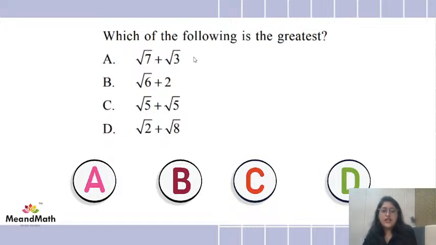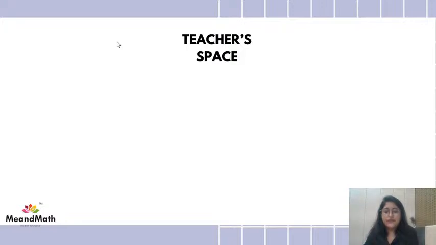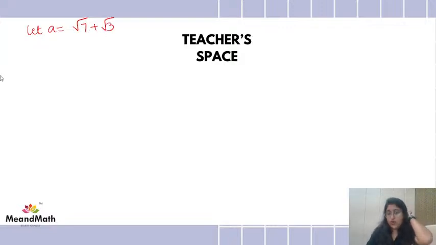Let us say this as A, suppose this as B, this as C, and this as D. Now let's see. Let A be root 7 plus root 3. First option. So what will we do? Let's square both sides.